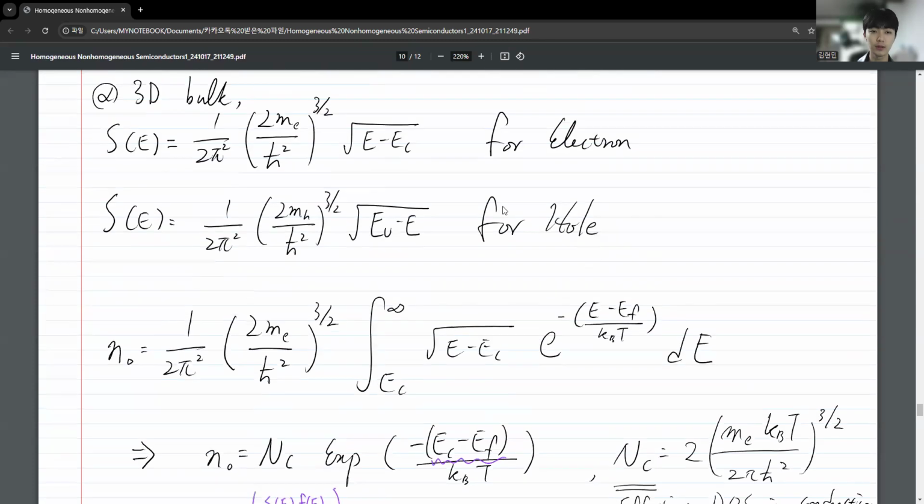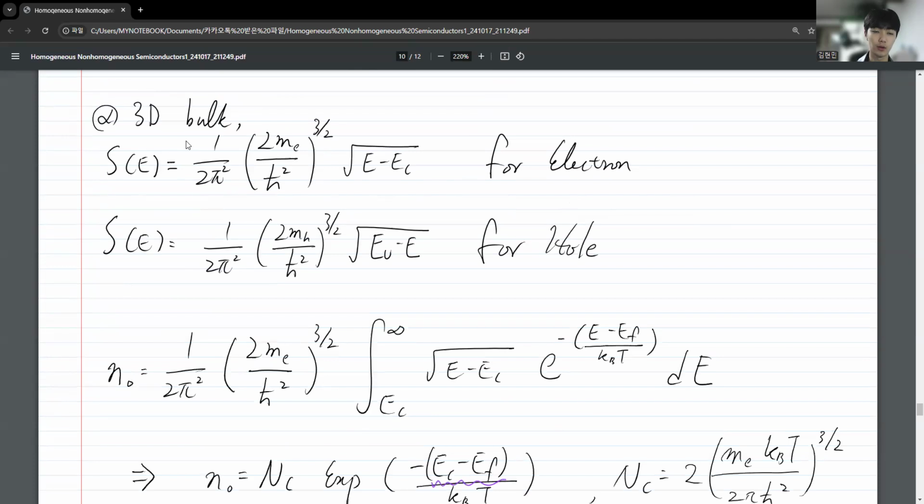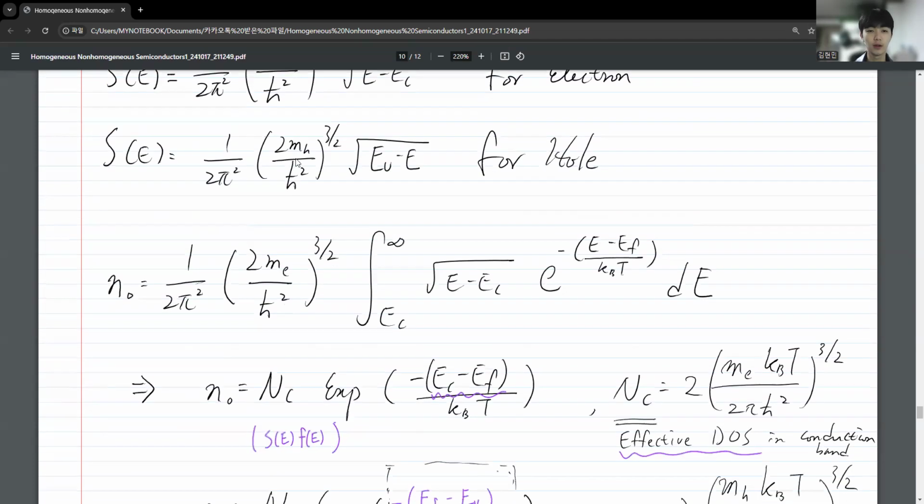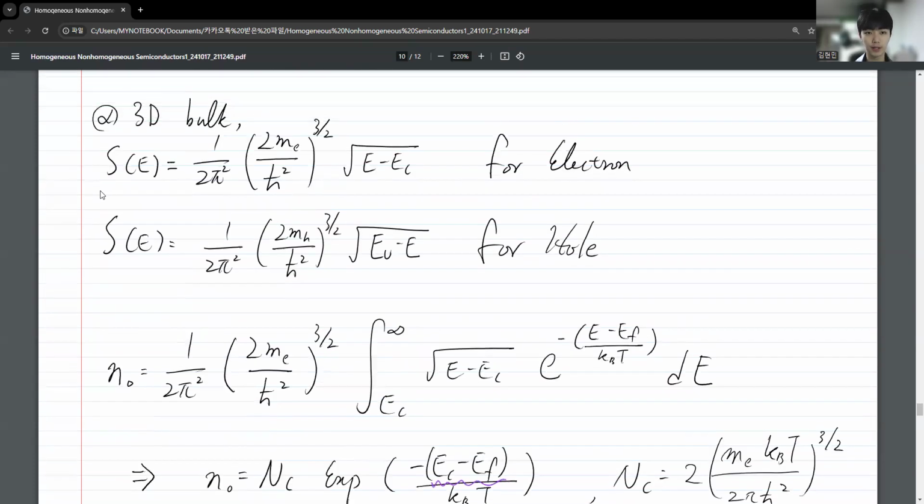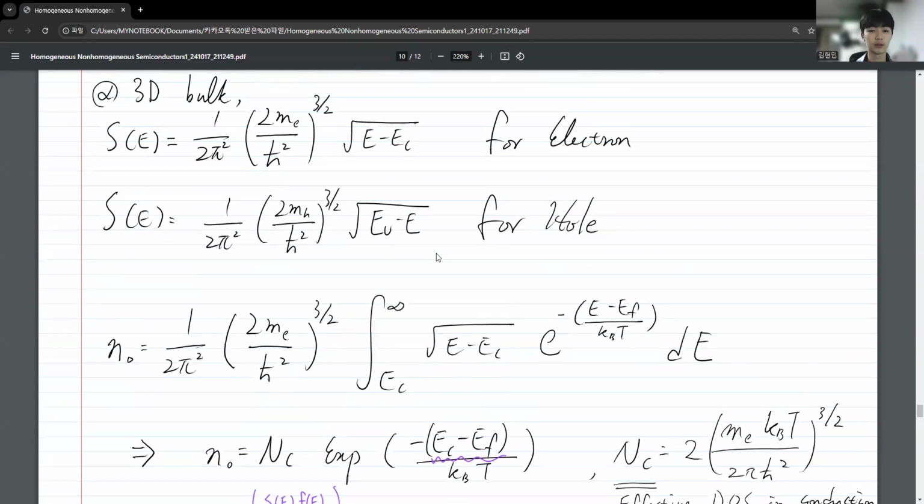For 3D, the density of states for electrons is this equation, and for holes it is this equation.